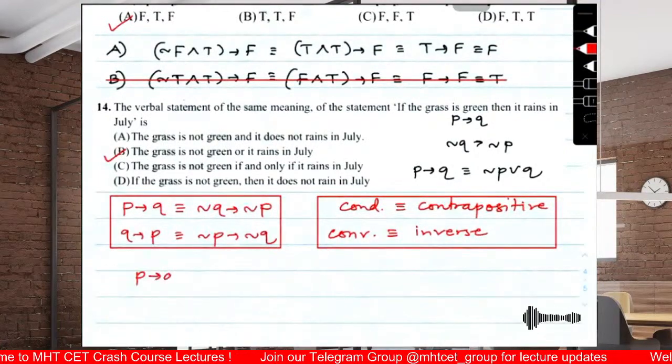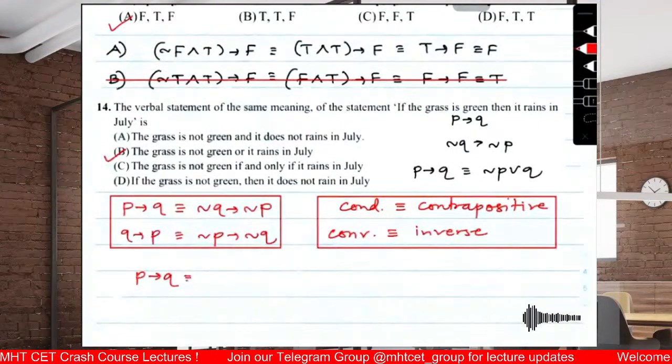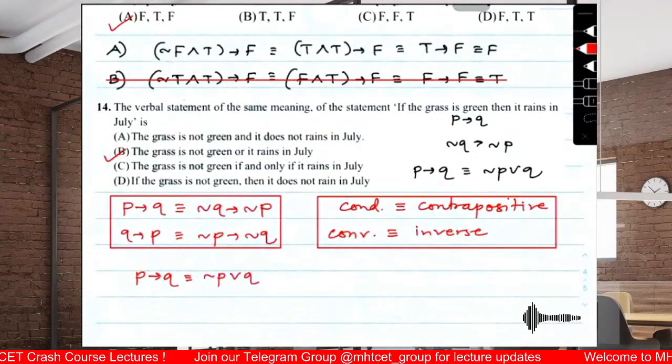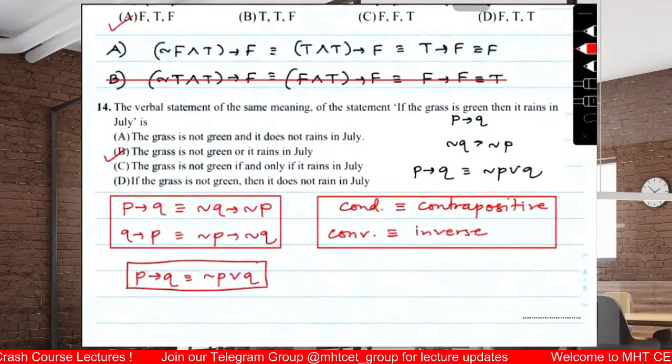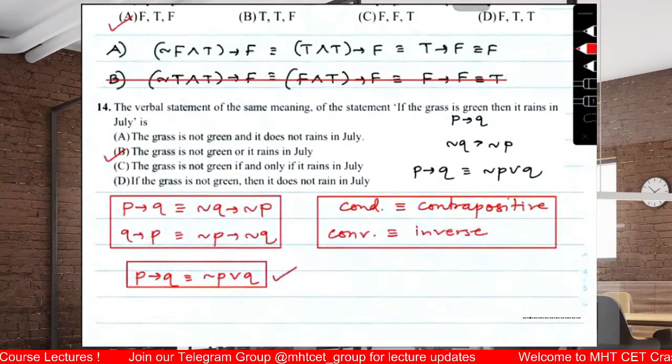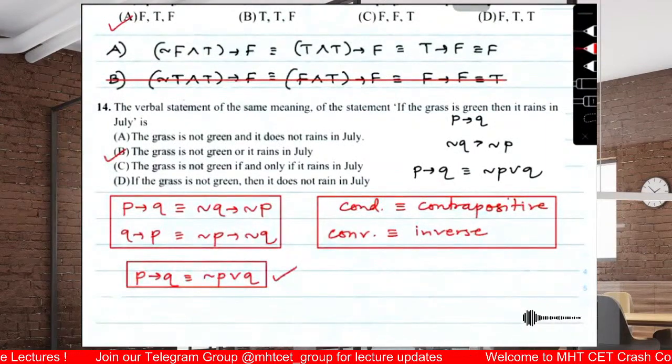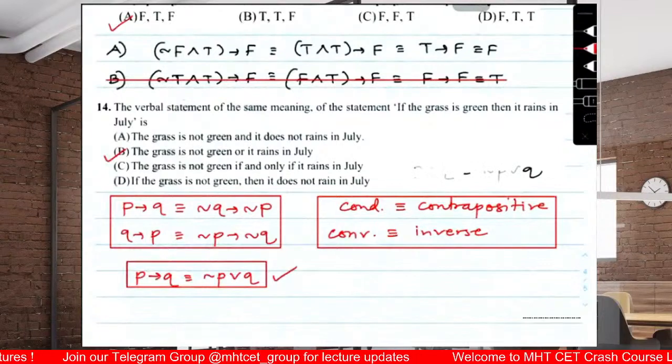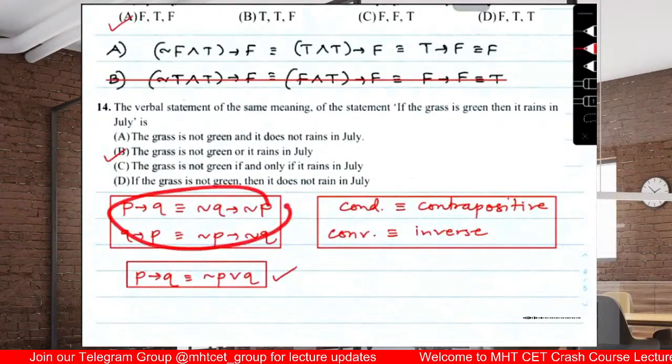P implies Q is equivalent to not P or Q. ये यूज हुआ है इस समय. लेकिन वो ऊपर जो लिखा वो भी याद रखो तुम लोग.